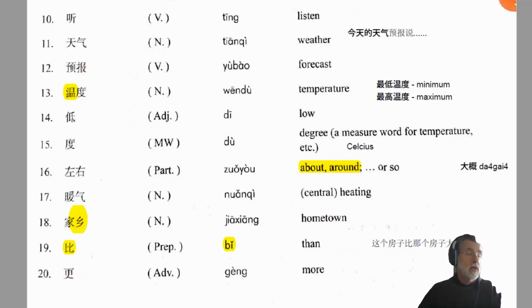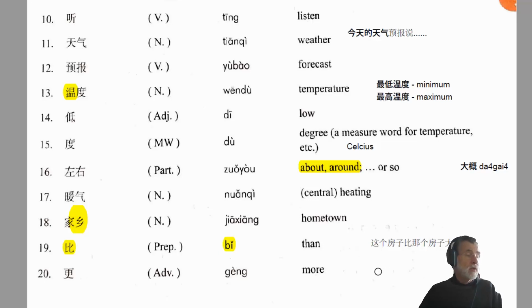So this house is bigger than that house. So the 比 has a very specific function. Anyhow, you'll see this in the dialogues and also in the grammar examples later on. But just remember, it's used for comparison.